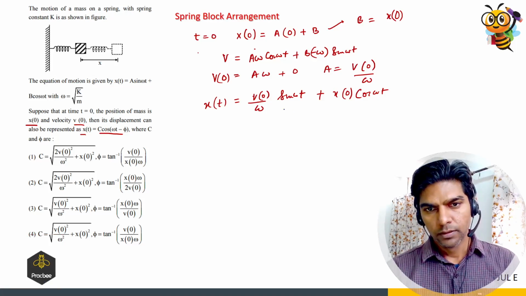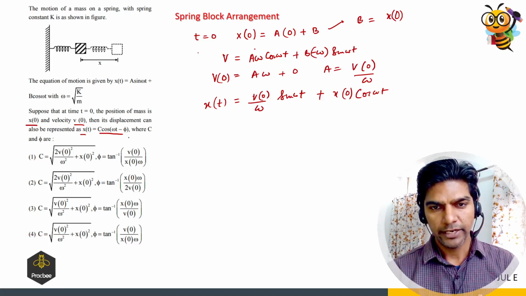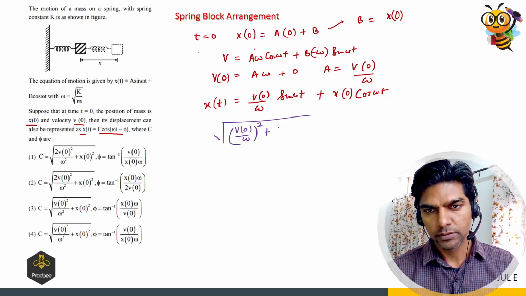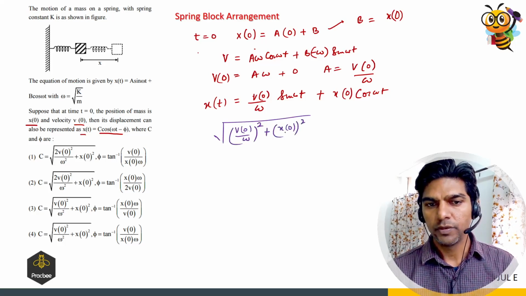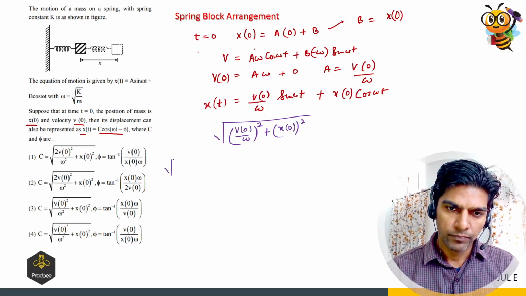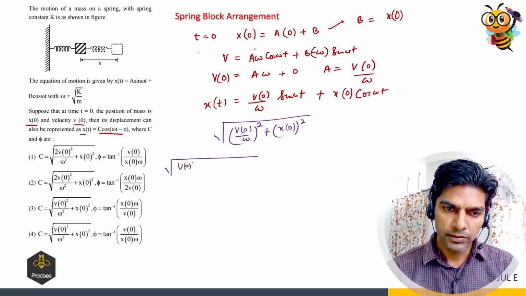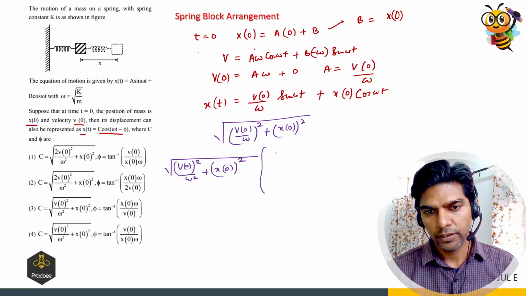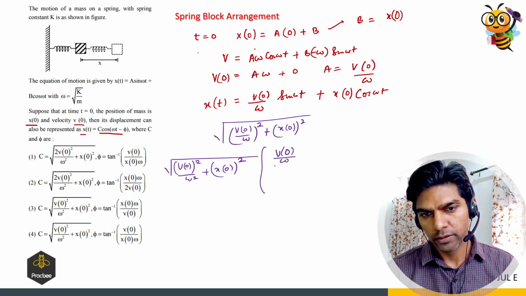Now we want to write this in terms of cos, right? So let us divide and multiply with root of V0 by omega squared plus x0 squared. So I'm dividing and multiplying with this. So this will become root of V0 squared divided by omega squared plus x0 squared, and we have V0 by omega divided by root of V0 squared by omega squared plus x0 squared.